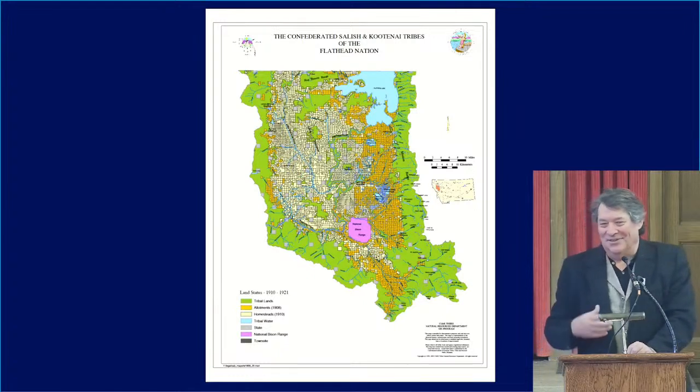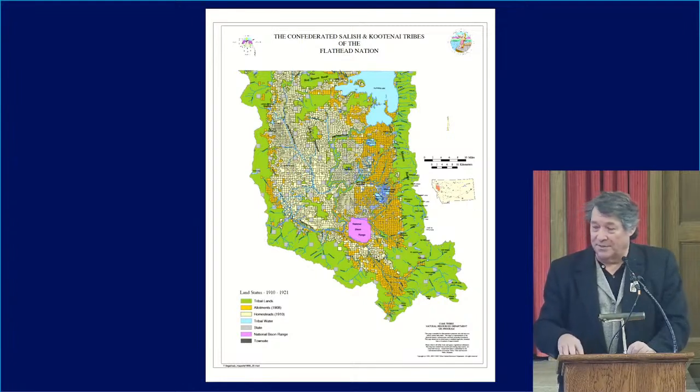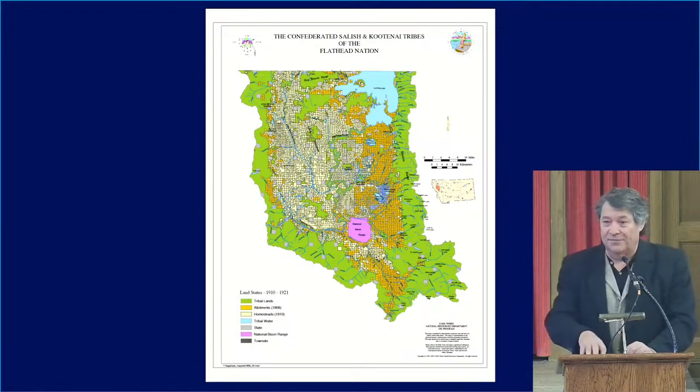I mean, you could do that anywhere, right? No, these were buffalo. They were part of the culture of the Salish Kootenai people. And finally, in the last few years, the last 4 years, total control of the bison range has now gone over to the tribe after years of fighting over it.